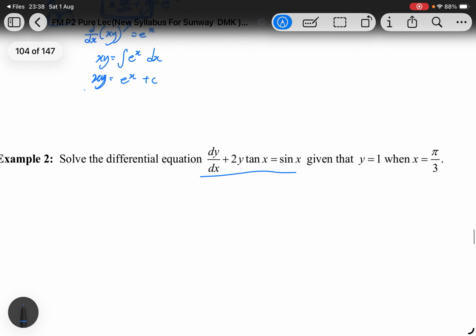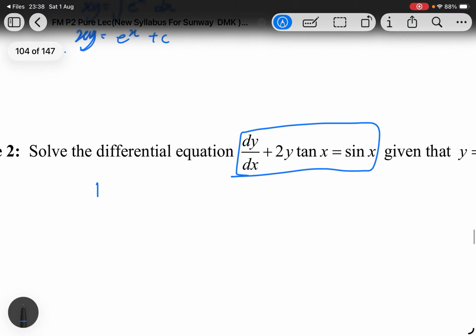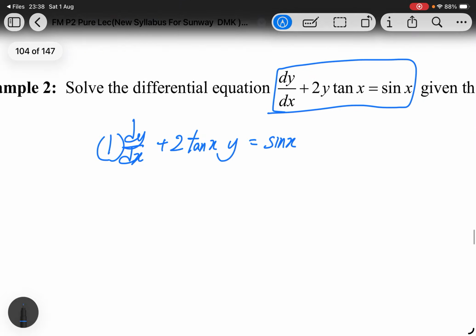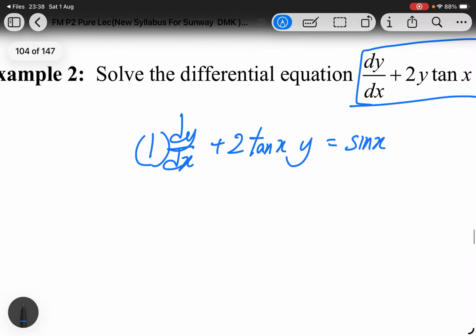What about another example? I got this. Same thing. dy/dx, because this time the coefficient is already 1, plus 2 tan x times y equals sin x. So P(x) equals 2 tan x.